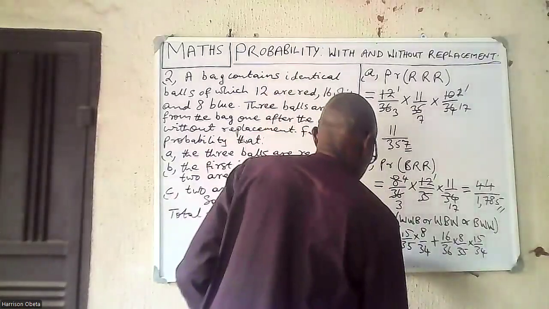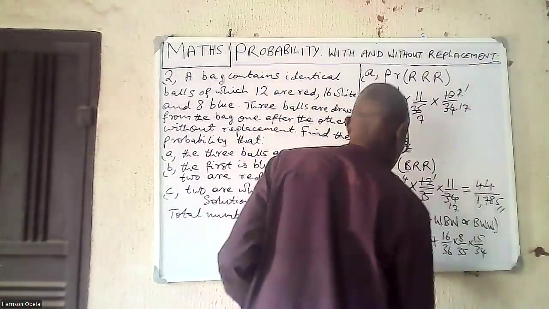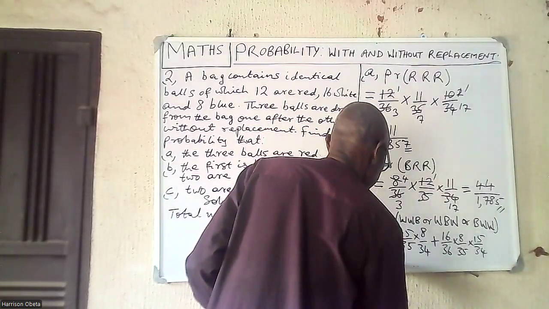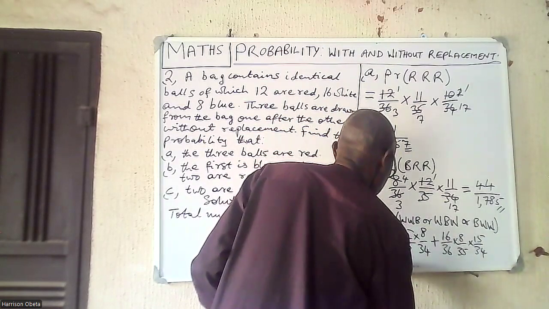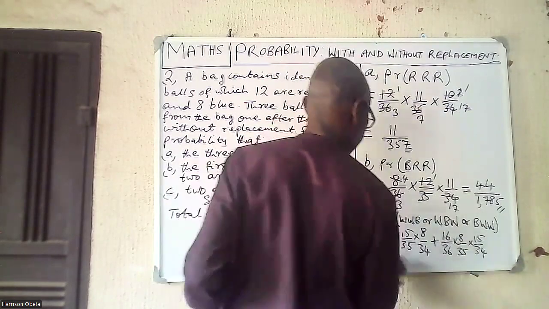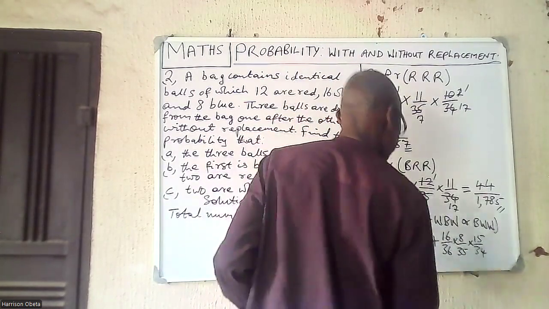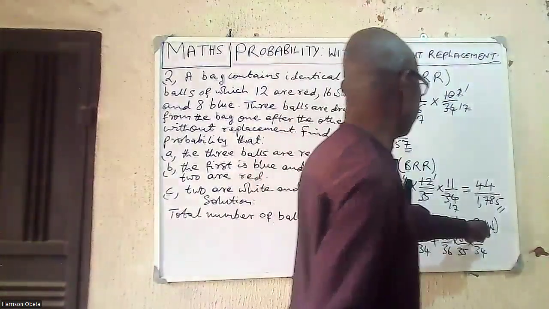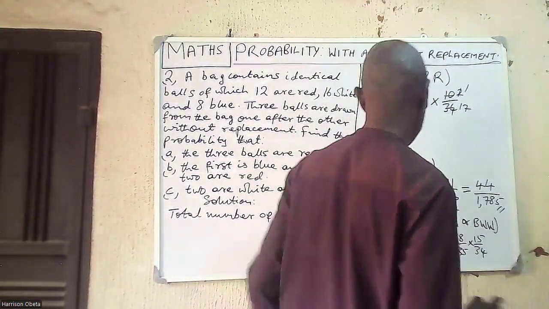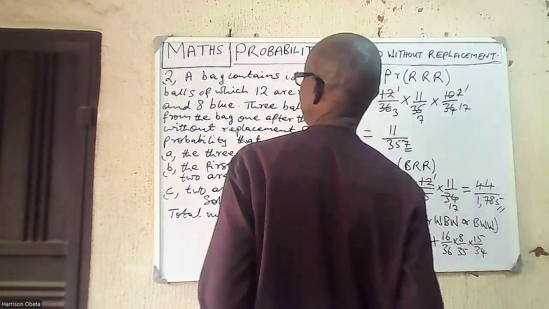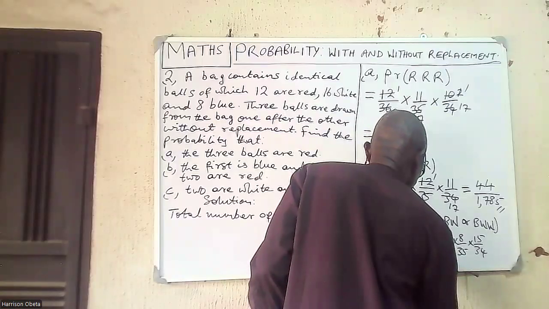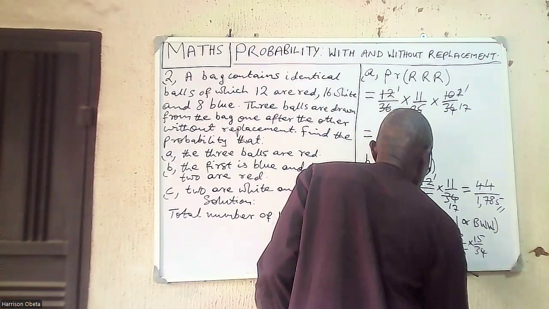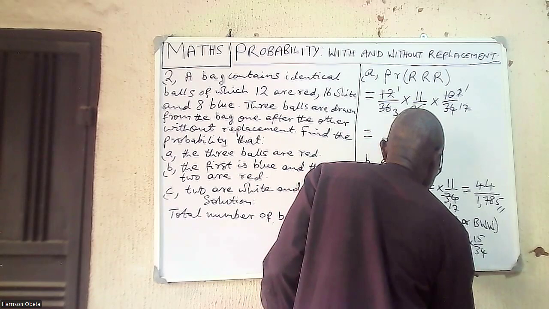Then plus again, that's the last one now, blue first: 8 over 36, times, we have blue, white, white, so times 16 over 35 times 15 over 34.